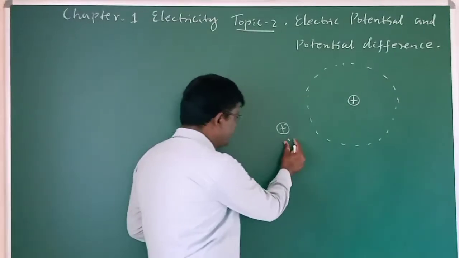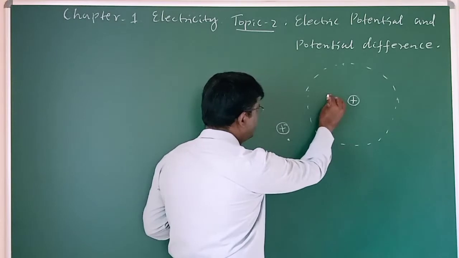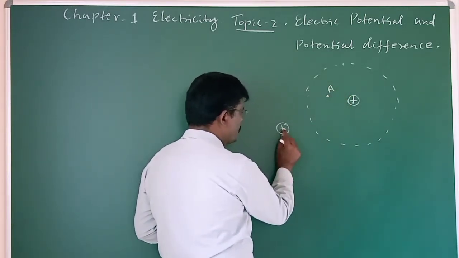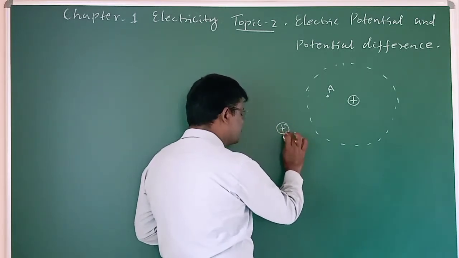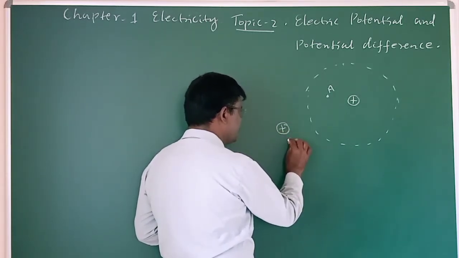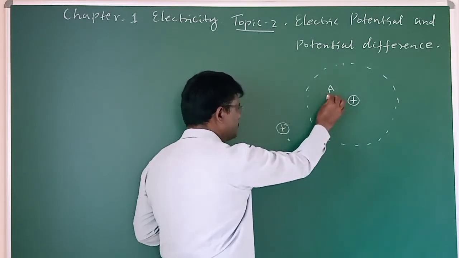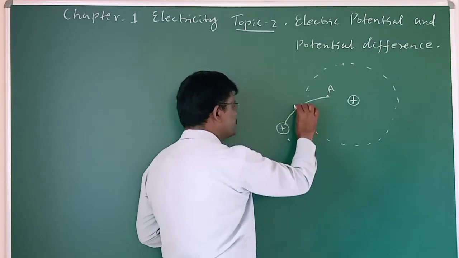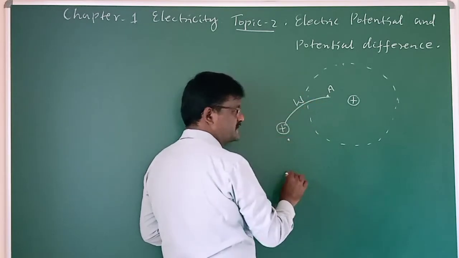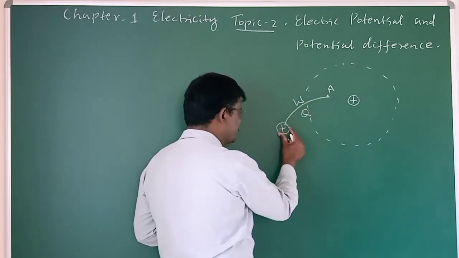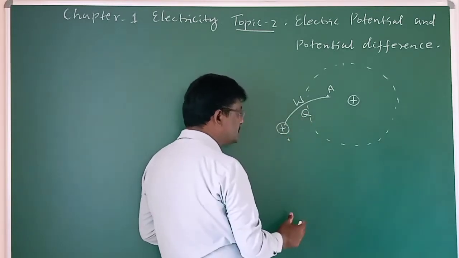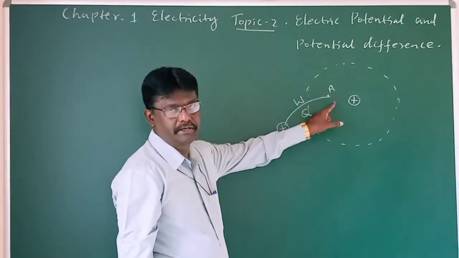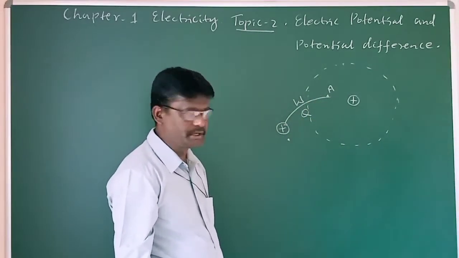Now to transfer this charge from the point of infinity to the given point in the electric field, work has to be done in moving this quantity of charge. That work done, we say electric potential at that point. It is called what? Electric potential.